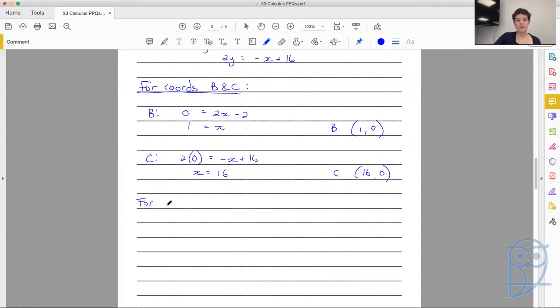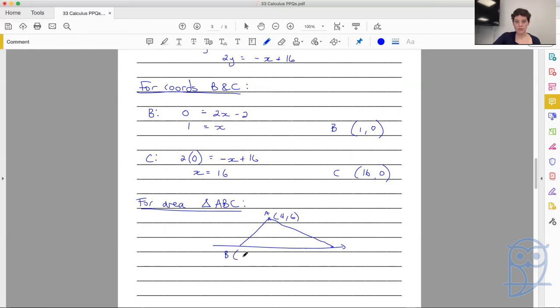So, for the area of triangle ABC, we have the point A, which is (4, 6). Then we have intersections with the x-axis. B is at 1, C is at 16.